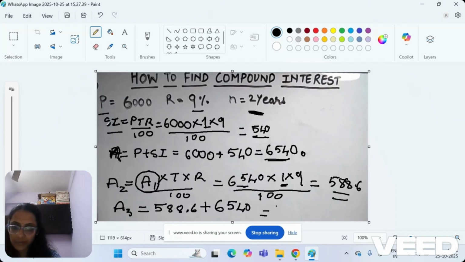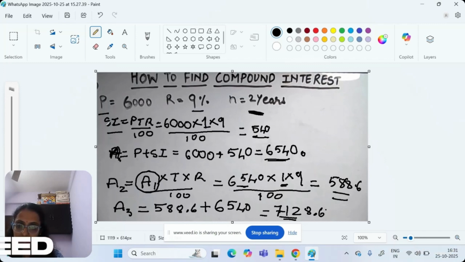The total value will be 7,128.6. So this is the amount which the lender will get. This is the final value the lender will be getting.